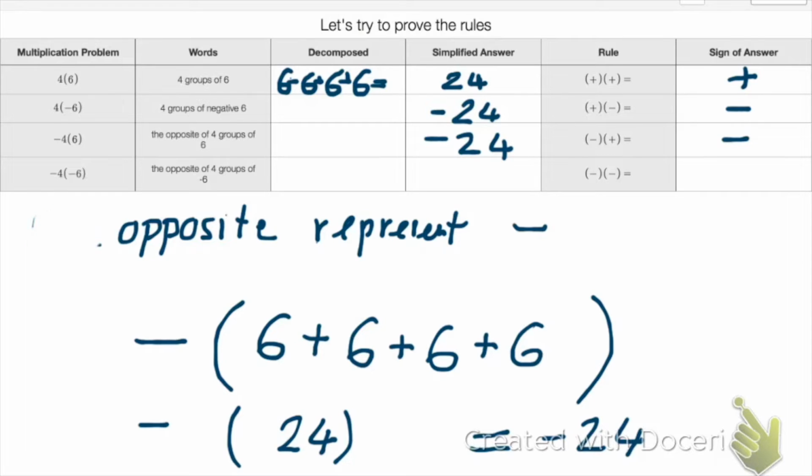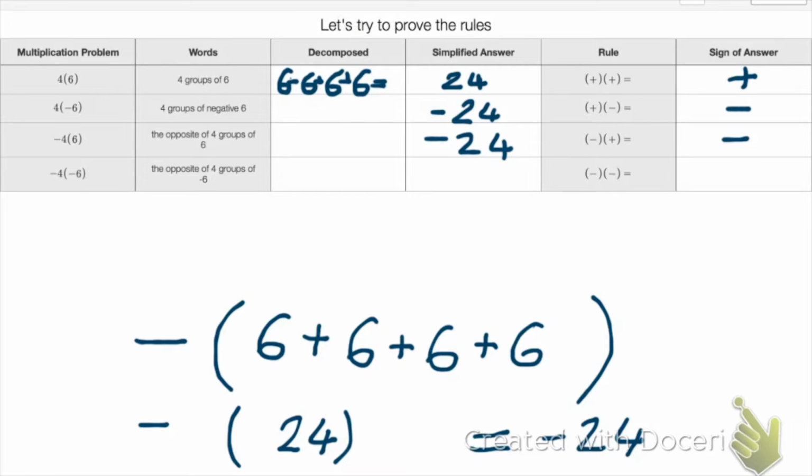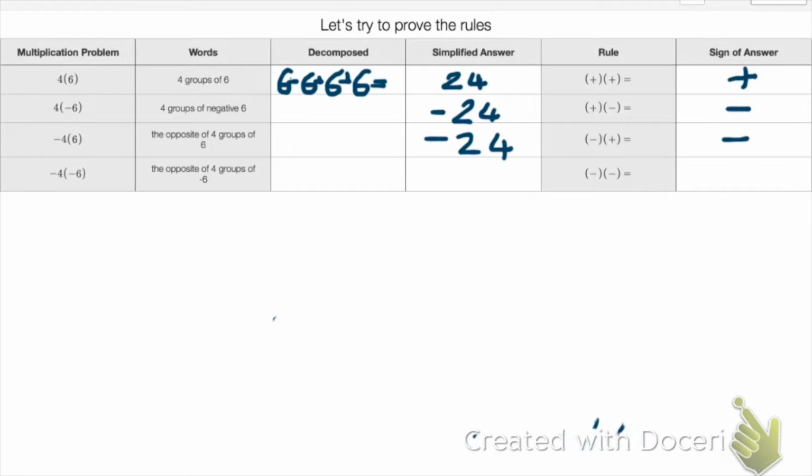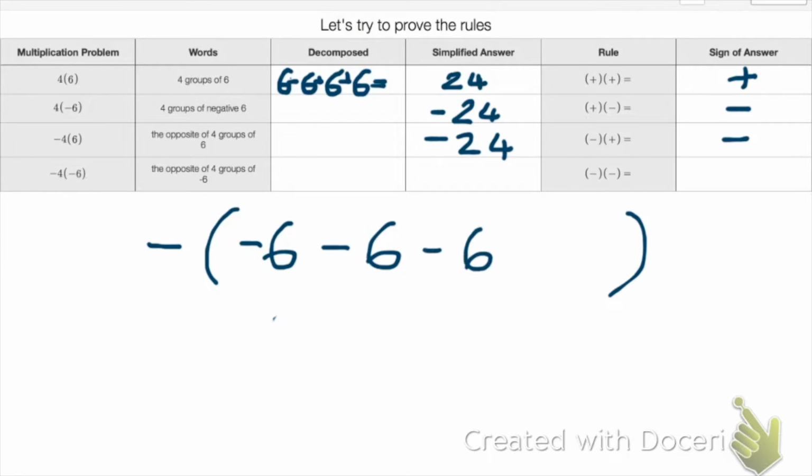Next problem. When we have negative 4 multiplied by negative 6. So once again we see the negative. So that is the opposite. The opposite of 4 groups of negative 6, right? So the opposite, that means we put the negative. And the opposite of what? The opposite of 4 groups of negative 6. So we're going to write negative 6 4 times. And then we're going to simplify the inside parenthesis.